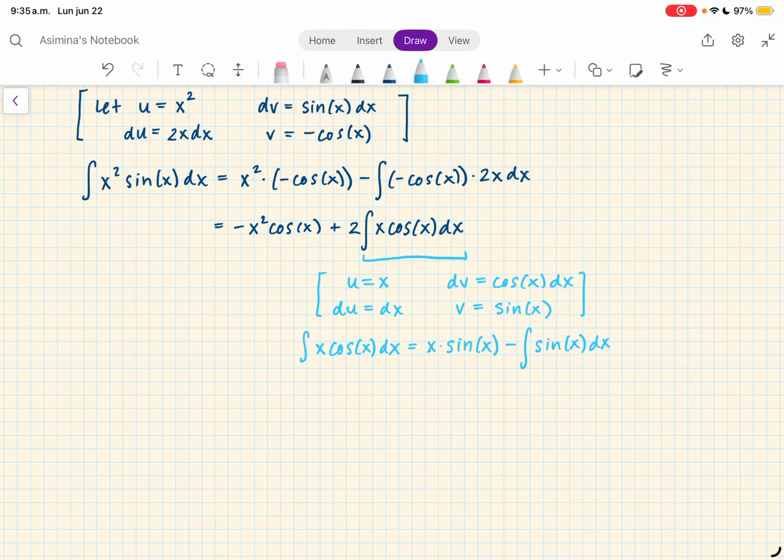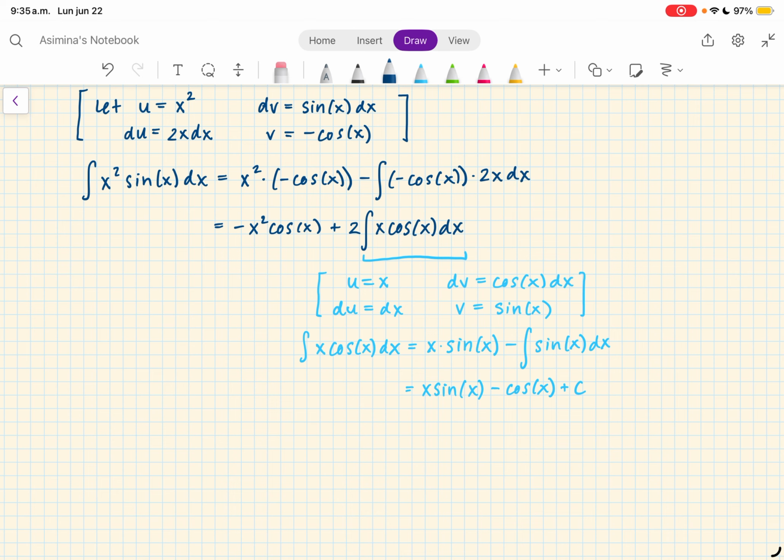Now we can simplify this: this is x sine of x minus the integral of sine of x dx. Now what's the integral of sine of x dx? This is just going to be negative cosine, plus c, because this is an indefinite integral. And great, so now we've solved for this x cosine of x dx part.